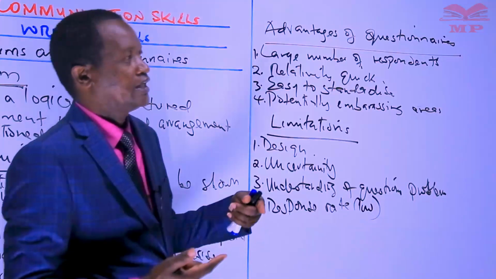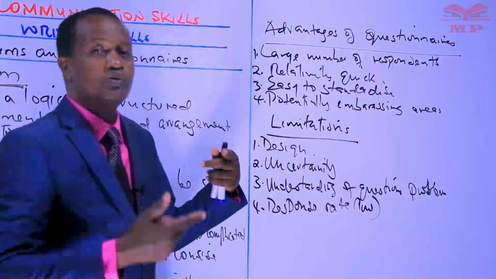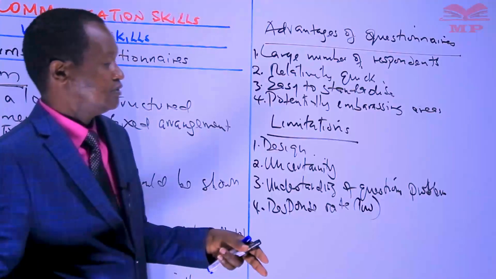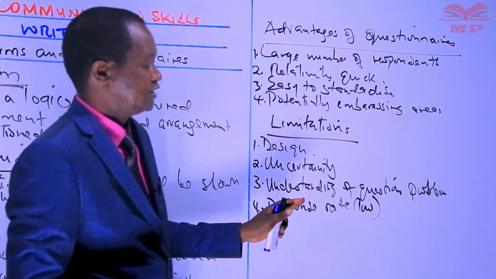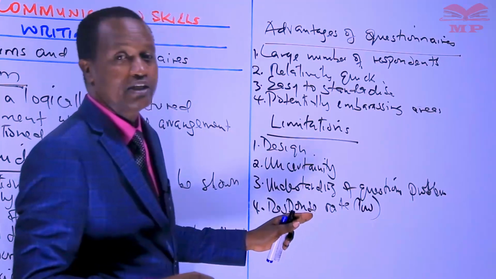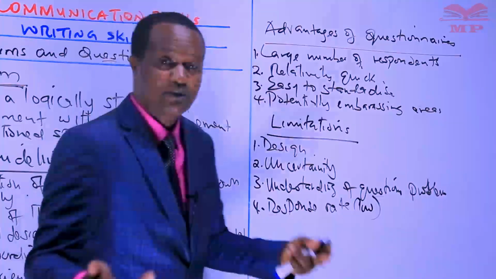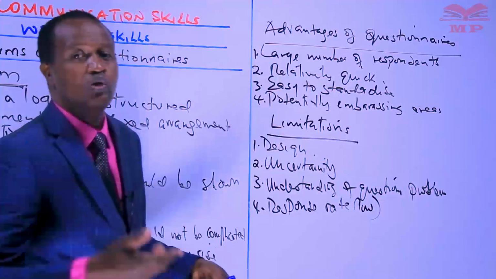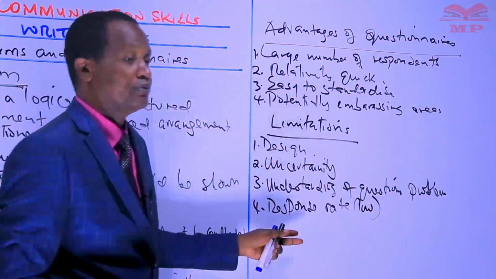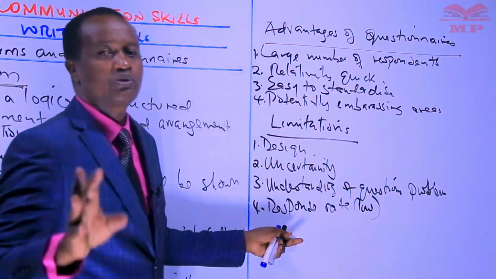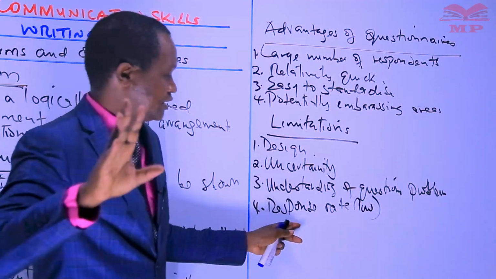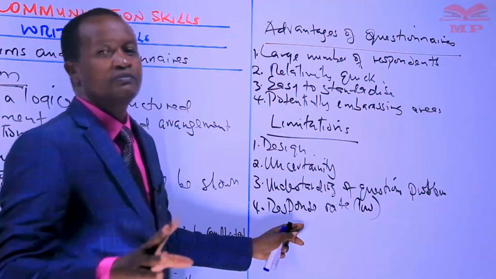All right, if you send, say, 100 and you receive 25 or 30, then that is a comfortable response rate. But if you receive 10%, that could be too low a rate. Anything below 30% could be a low response rate.